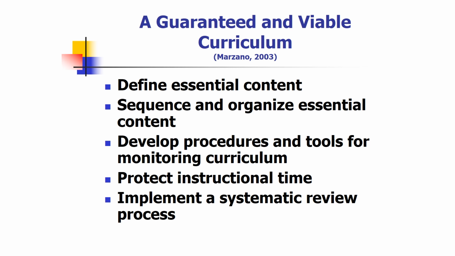UbD units define the essential content as well as sequence and organize the essential content. 2 of the 5 factors are covered through the UbD framework. The first 2 characteristics of a guaranteed and viable curriculum are covered in the UbD framework.